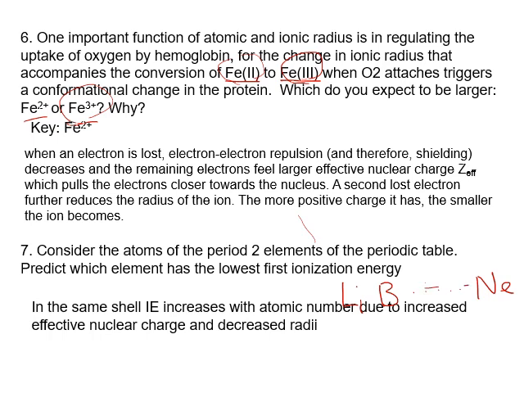As we know, across the period from left to right, the effective nuclear charge increases and the radius decreases, and that means it takes more energy to remove an electron from the atom from left to right, and therefore the lowest ionization energy should be lithium.